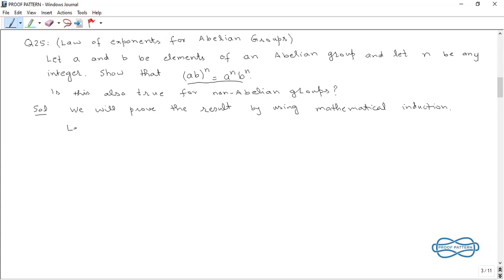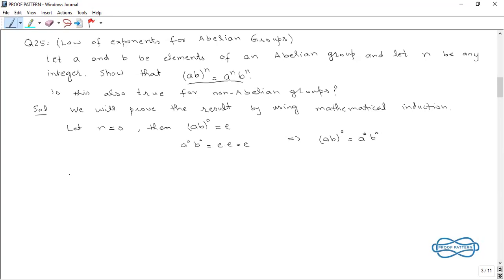Okay, let n equal 0. Then (ab)^n is the identity element, and similarly a^0 b^0 is also the identity. So this means (ab)^0 is equal to a^0 b^0.